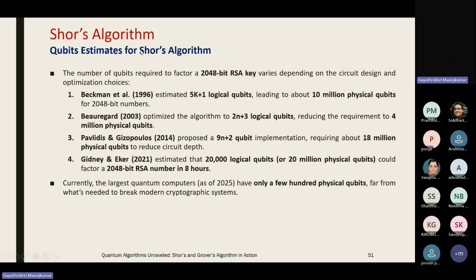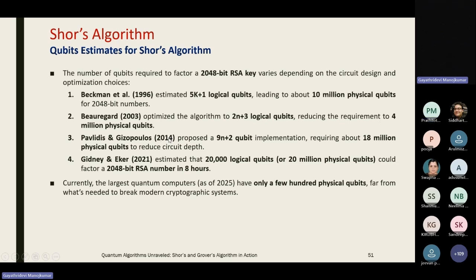For example, I'm giving qubit estimations of Shor's algorithm over here. For a 2048-bit RSA key, based on the circuit design and optimization choice, we can have 5n plus 1 logical qubits, leading to 10 million physical qubits as per 1996. In 2003, we need 2n plus 3 logical qubits, which is going to be 4 million physical qubits.